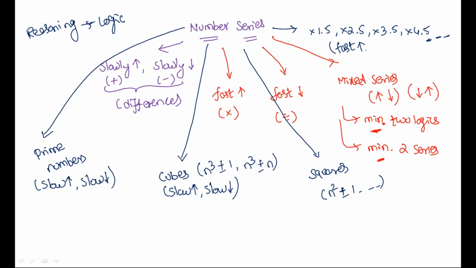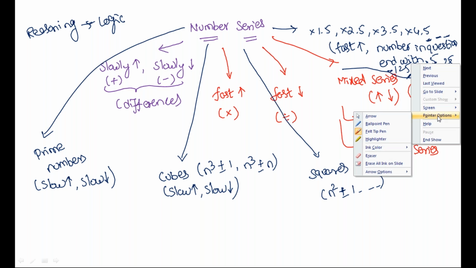Next thing, what you can do, not only for fast increase: at least one number in the given question ends with 0.5, 0.25, 0.75, 0.125. If numbers in the question end with 0.5, 0.25, 0.75 like this, you just try to think about this logic, into 1.5, into 2.5.